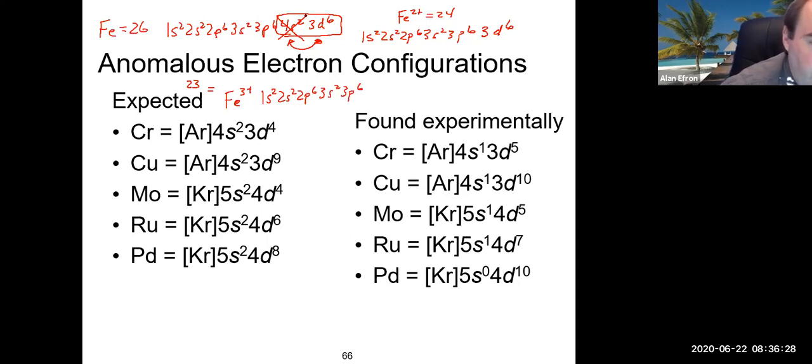Same thing, we're going to lose our s electrons first, but in this particular case, that's only 2 electrons. So we still need to lose 1 more electron. At that point, the next highest electrons will be our d's. So we would dip into our 3d and take away an electron, and we would end up with 3d5. Any questions on that? And this happens with all transition metals.